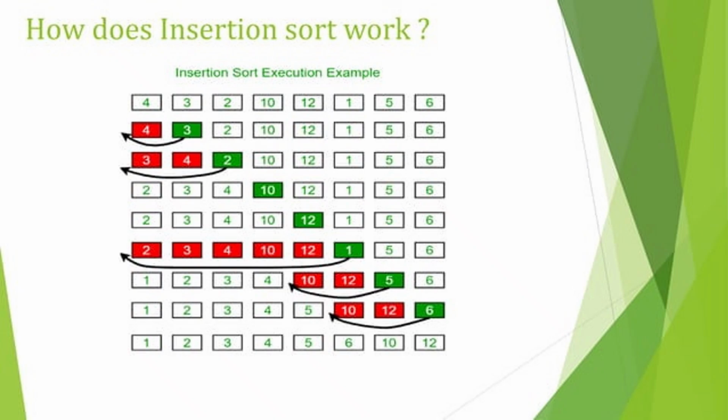Now only the last number 6 is remained for swapping. Now compare that with 12, swap, and then compare with 10, again swap. Now the final sorted array is 1 2 3 4 5 6 10 and 12, which is the last line of the slide.